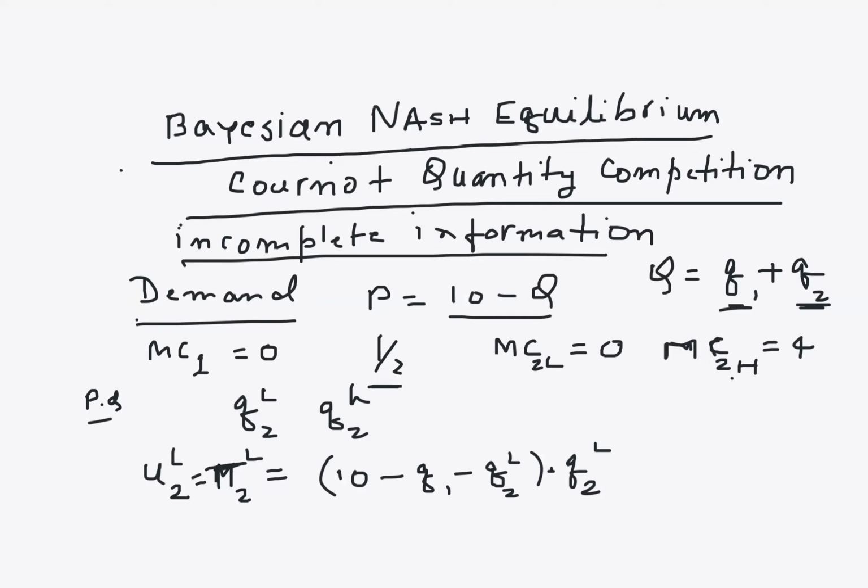Next we are going to look at the profit function of firm 2's high cost type. So let's look at U2H, the profit of the high cost type of firm 2.